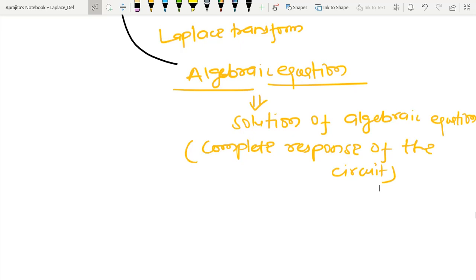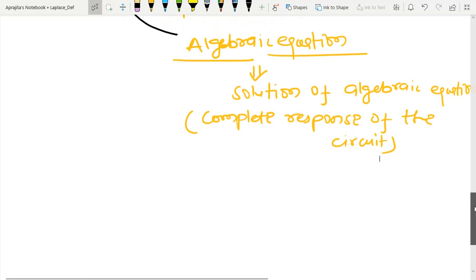Before going to the formal definition or motivation of the Laplace transform, I am going to see why we are going to explore this kind of mathematical method to analyze circuits.